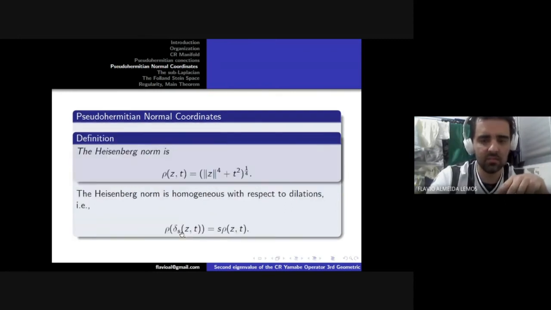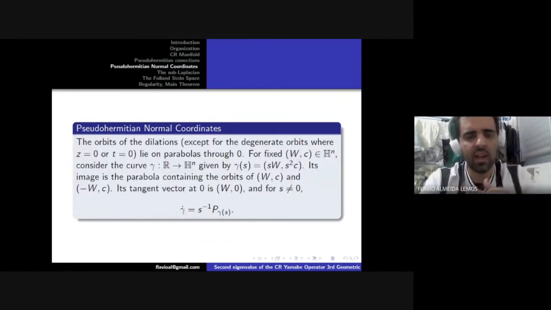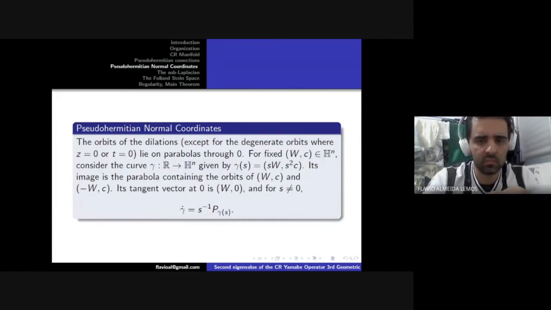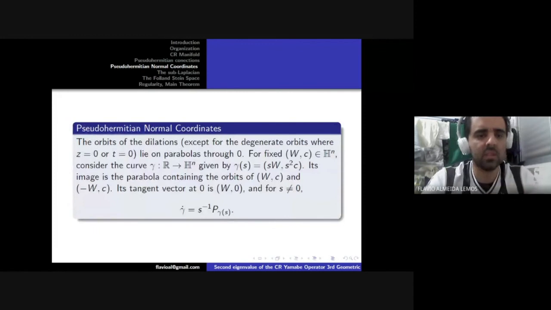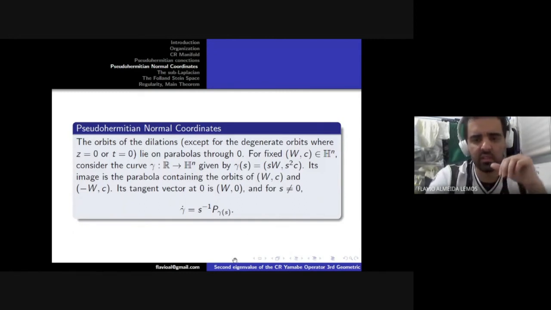Then we have the pseudo-normal coordinates. The orbit of the dilation leads to a parabola through zero for fixed w. It's a parabola.